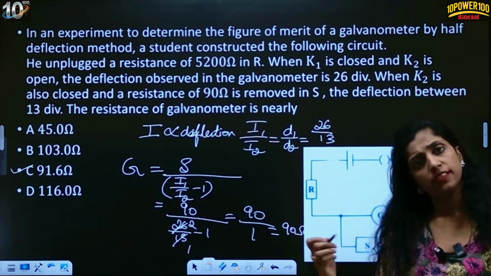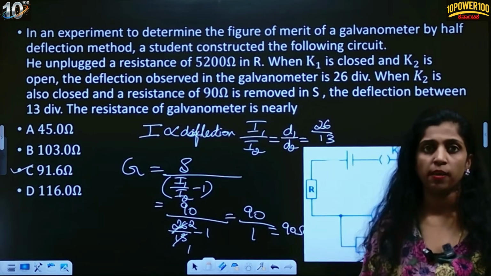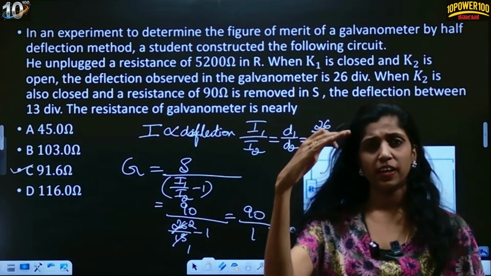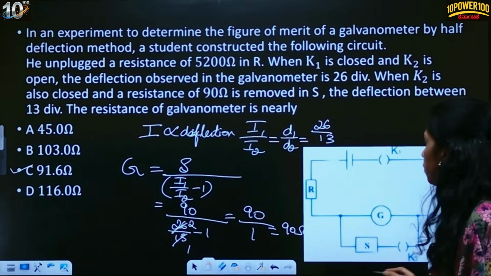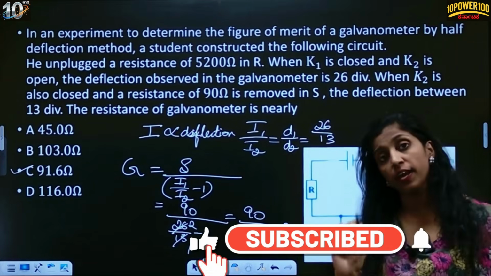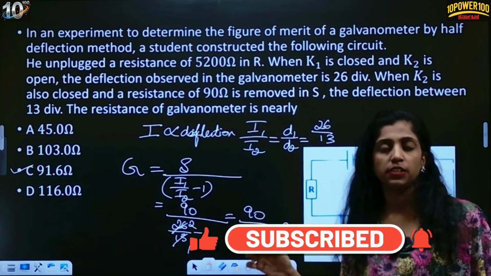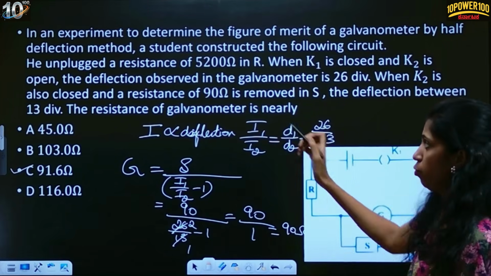In case you do, just let me know. This is just a direct formula, because we can't spend more time completely solving step by step. This formula is applicable for such questions, not only for this one. Similar questions where you have deflection, you can apply this formula.